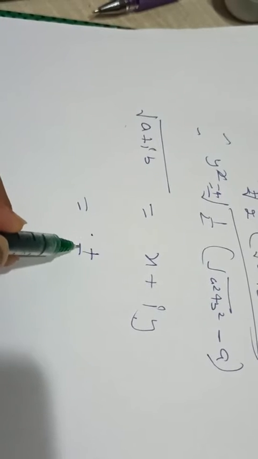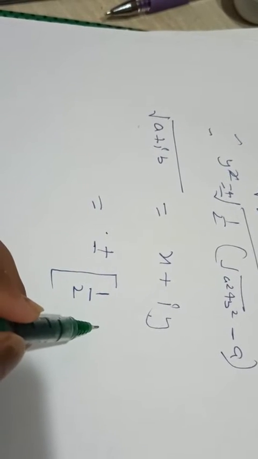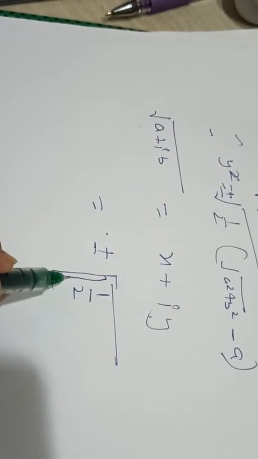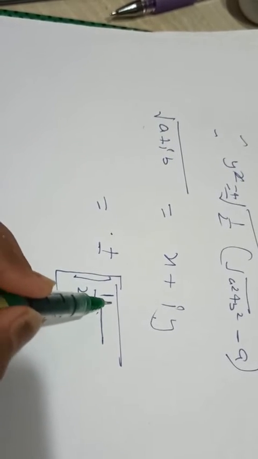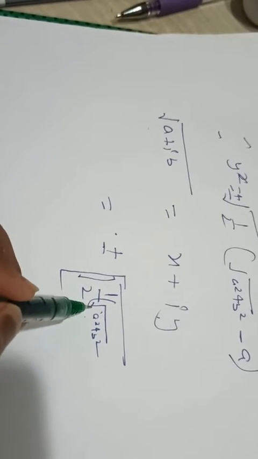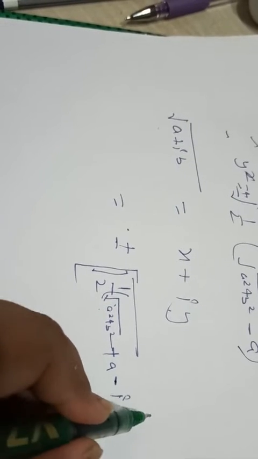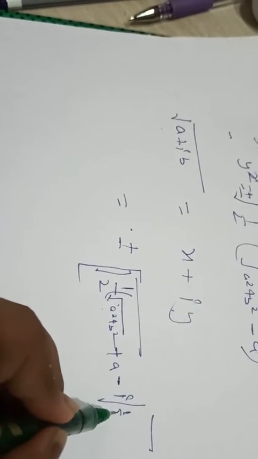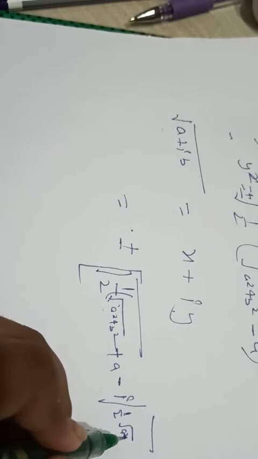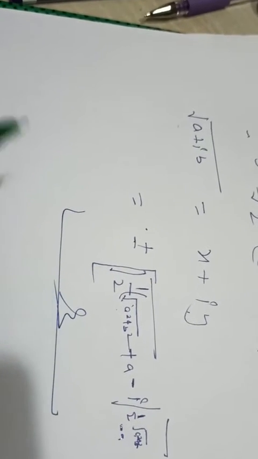So overall you'll get plus minus with the total result. So this is half of square root of the square root of a square plus b square plus a, minus iota root of half of root of a square plus b square minus a. So this is your answer.